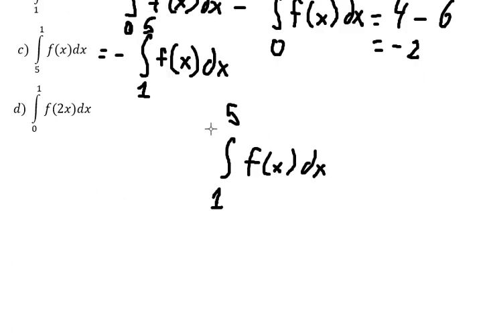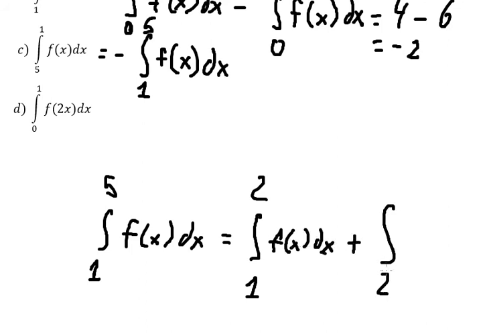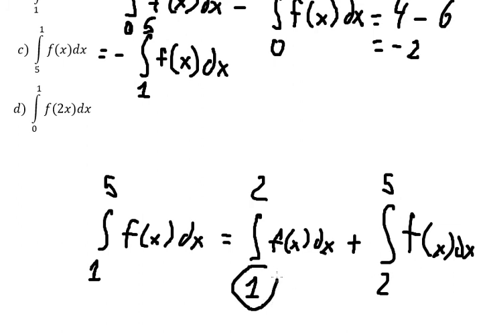So we know that this integration from 1 to 2 plus the integration from 2 to 5, because 2 connects with 2 in here, we can have the integration from 1 to 5.